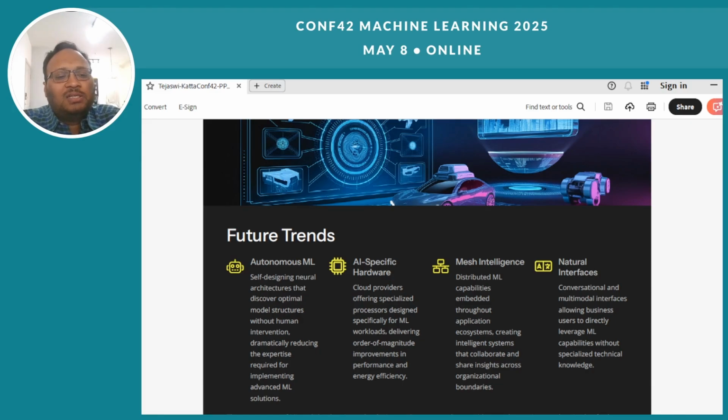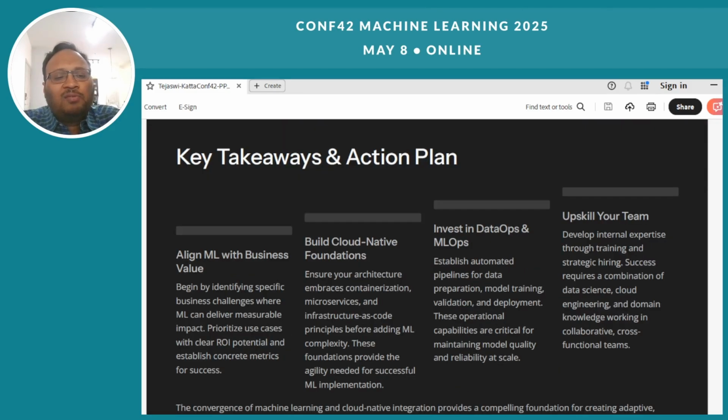Mesh intelligence will embed distributed ML throughout an organization's ecosystem, enabling services to share insights seamlessly. And natural interfaces, conversational and multimodal, will put ML capabilities directly into the hands of business users without requiring specialized technical skills.